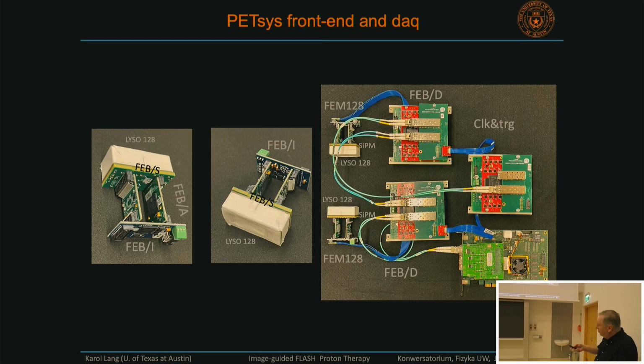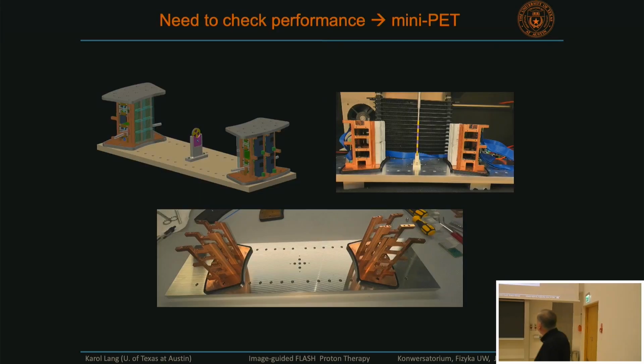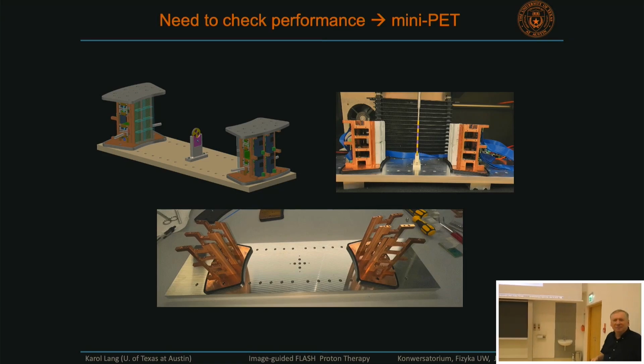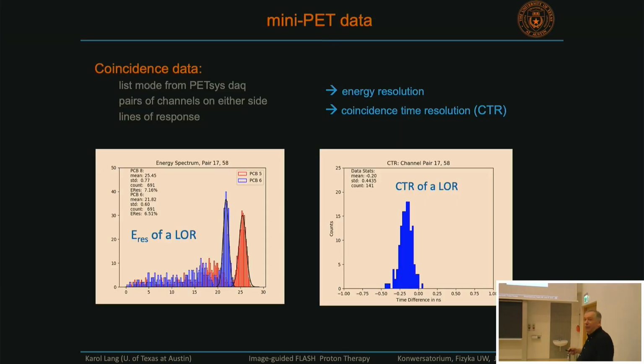And this is a full chain, which I will not discuss because it's a little bit complicated. So we built, as we were building these modules, which were the fundamental bricks, I call them the Lego blocks of our PET scanner. Okay, I'm halfway through. So I'm going to accelerate.